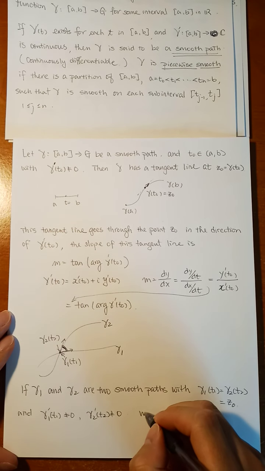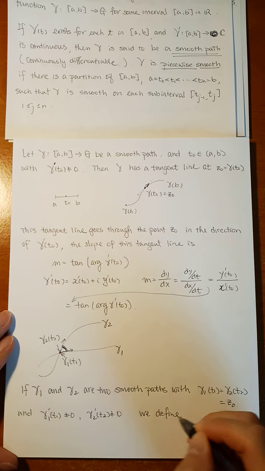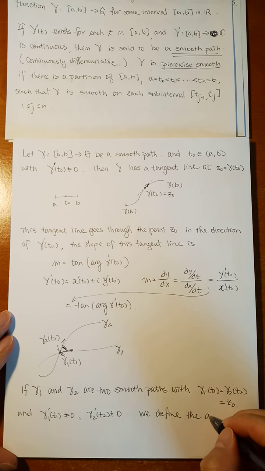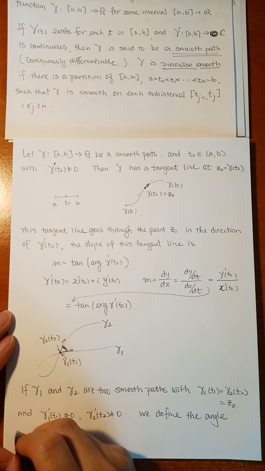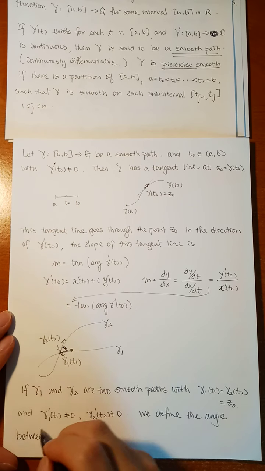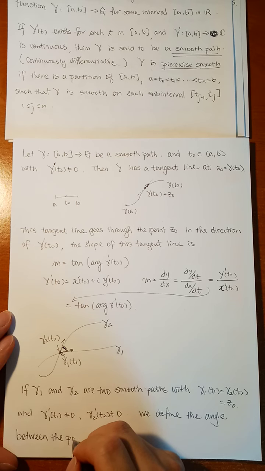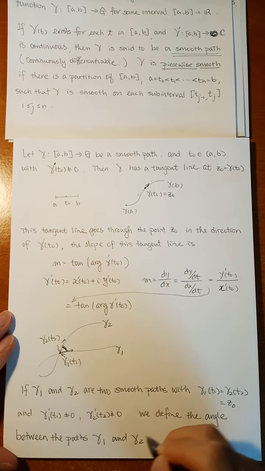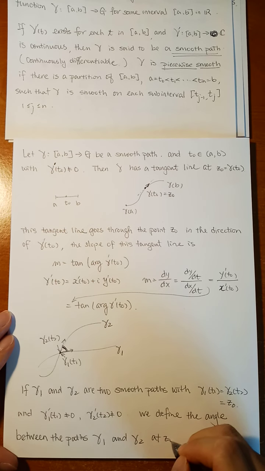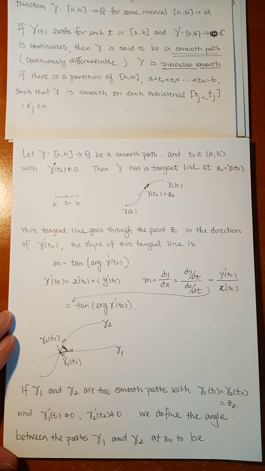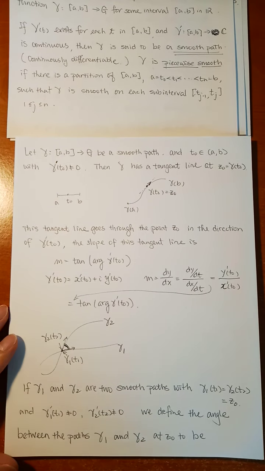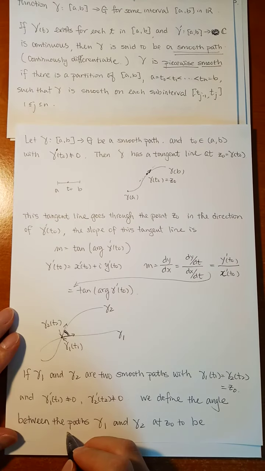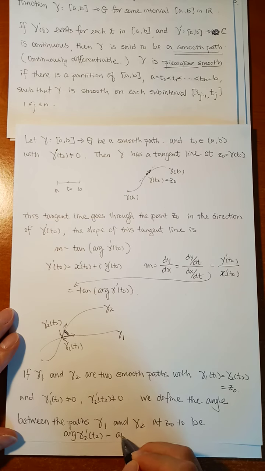Then we define the angle between the paths gamma 1 and gamma 2 at Z0 to be the argument of gamma 2 prime T2 minus the argument of gamma 1 prime T1.